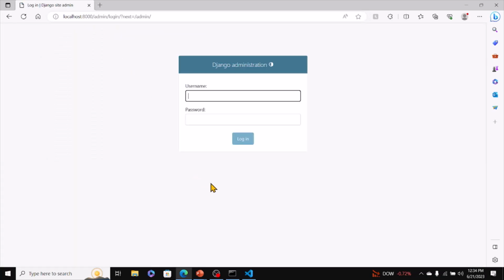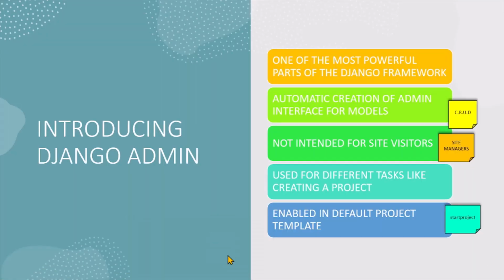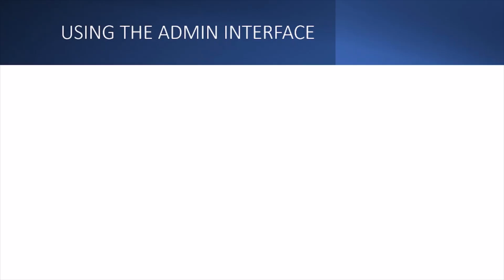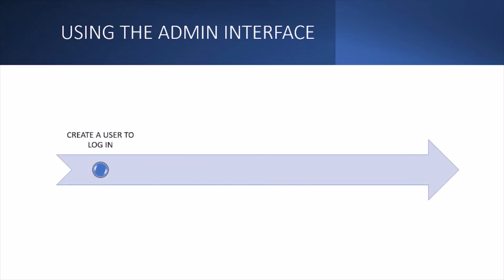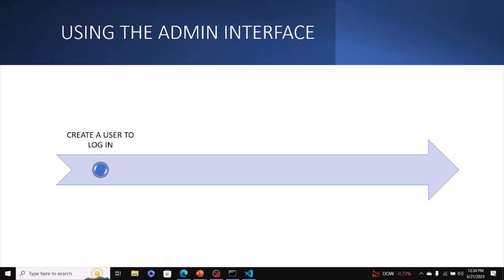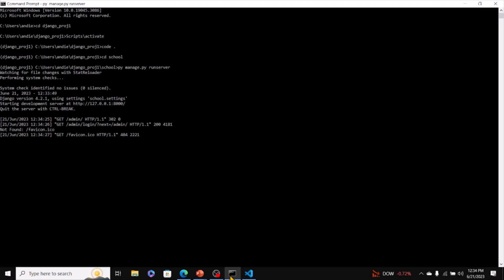That brings us to the login page and to the next point of discussion in this session, which is using the admin interface. In order to use the interface, we need to create a user to log in. So come now to your command prompt, stop the server, Control-C to do that, and type in py manage.py createsuperuser, that's all one word.